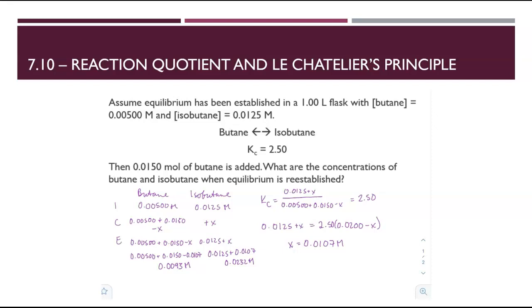And then you can plug this back into your equilibrium expression if you want to check. So we know that at equilibrium, once it's been reestablished, our Kc value should stay the same. So it should stay 2.5.